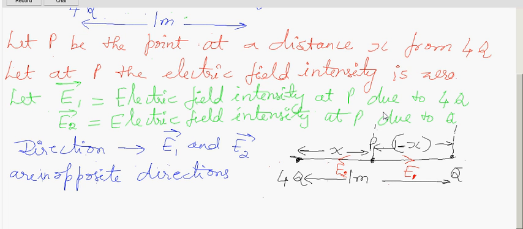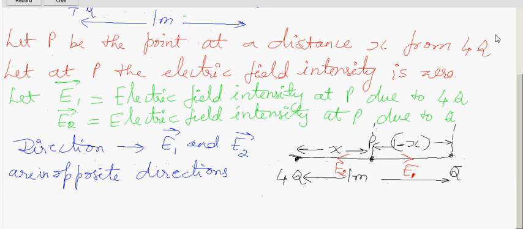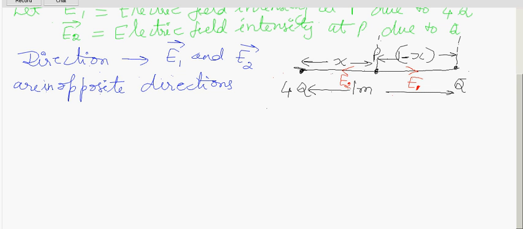And at P, the electric field intensity is 0. So that means E1 must be equal to E2. Therefore, at P, E1 must be equal to E2.